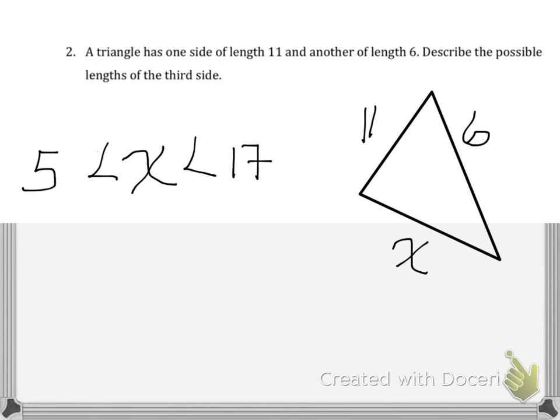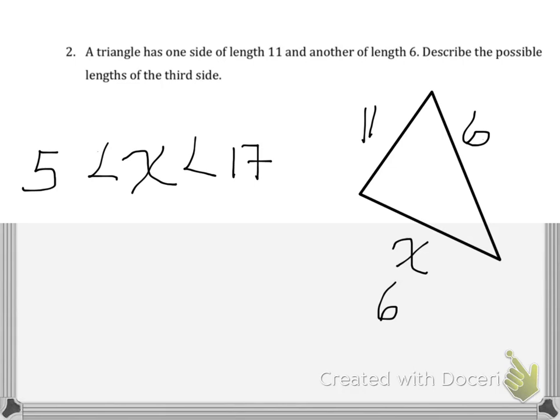So your missing side has to be greater than 5. So what if it's 6? Does that work? Well, 6 and 6 is 12, so that's greater than 11. That's good. 11 and 6 is 17. That's greater than 6. So yes, that's going to work.